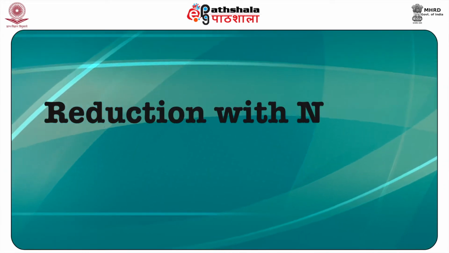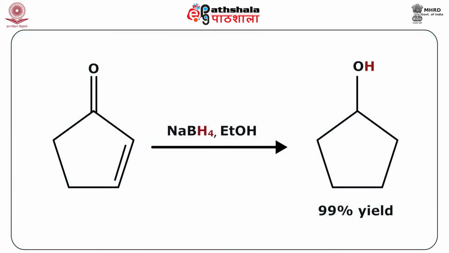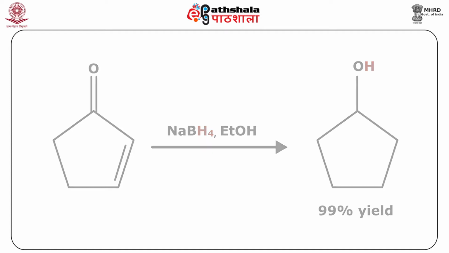Reduction with sodium borohydride: sodium borohydride reduces the alpha beta unsaturated aldehydes and ketones to saturated alcohols. The borohydride has reduced not only the carbonyl group, if you notice here, but the double bond as well. In fact, the double bond is reduced first in a conjugate addition, followed by the addition to the carbonyl group, as you can see here.